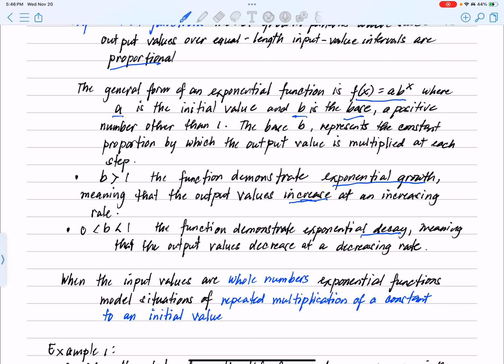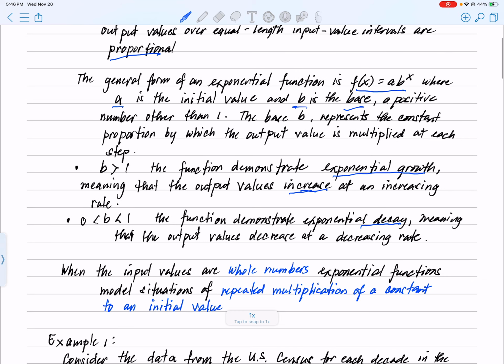So when the input values are whole numbers, exponential functions model situations of repeated multiplication of a constant to an initial value.